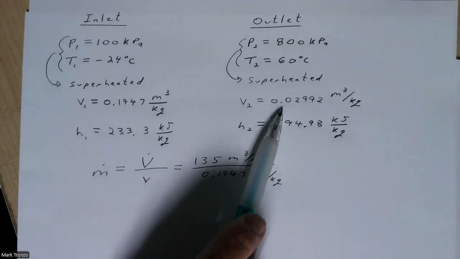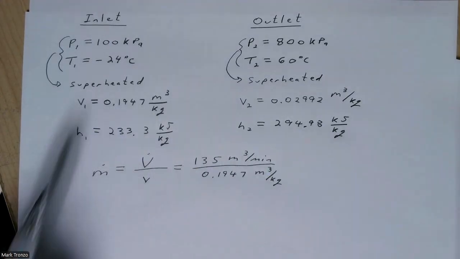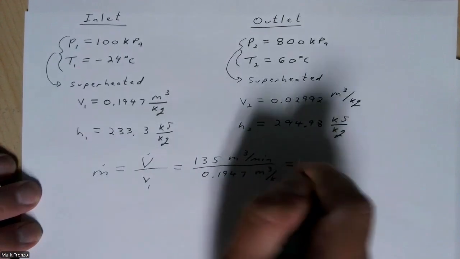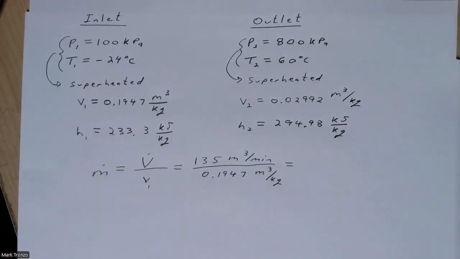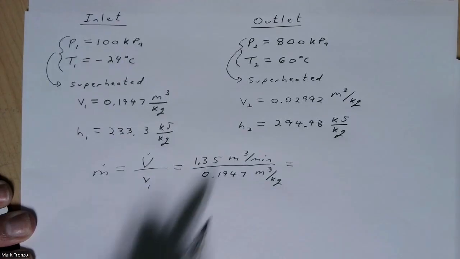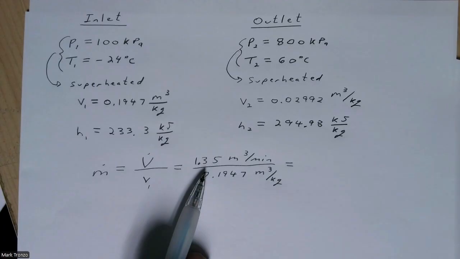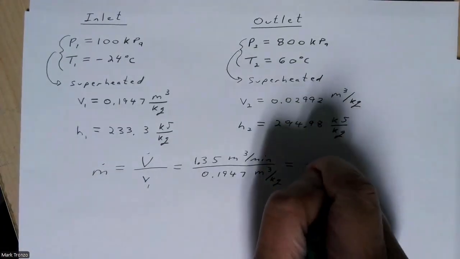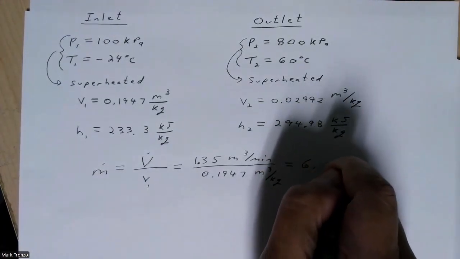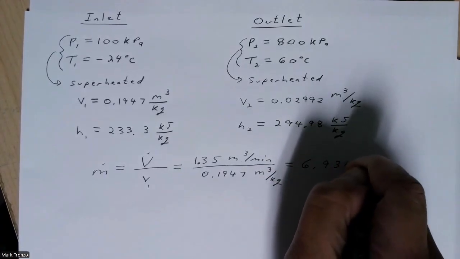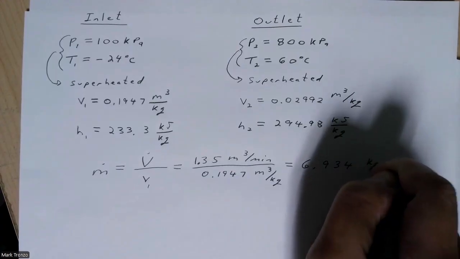And so don't use this specific volume, use this one because we want the one associated with the inlet flow rate. By the way, there is a decimal point there. And so when you put this in your calculator, you get 6.934 kilograms per minute.